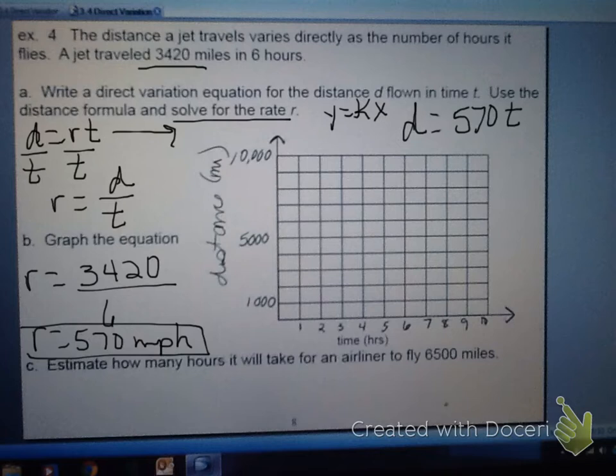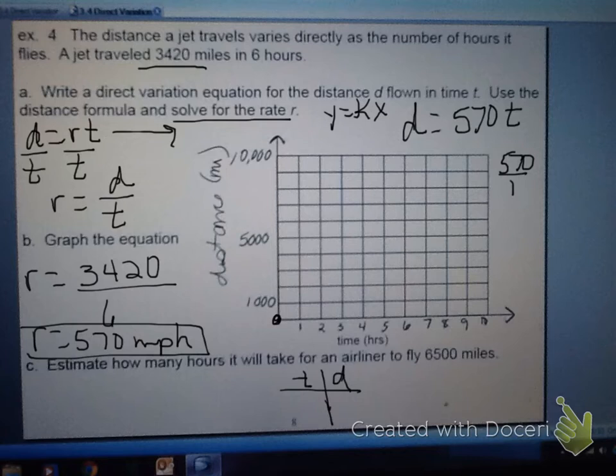We know it's going to go through the origin, (0, 0). However, we can't do rise over run, 570 over 1, on a graph that is not counted by ones. So what we're going to have to do is make a table. And instead of x and y, it's going to be t and d. Now we can make a few numbers for our table.